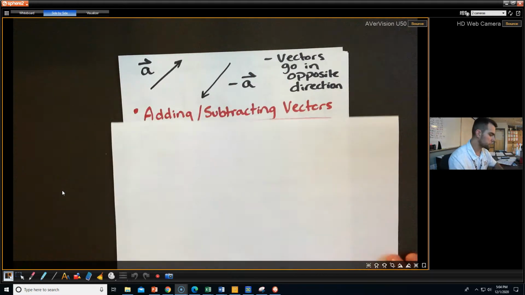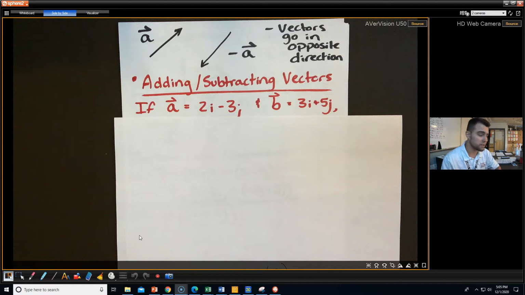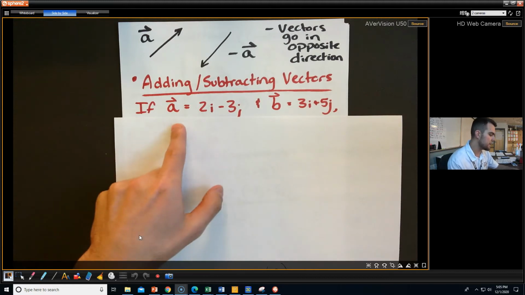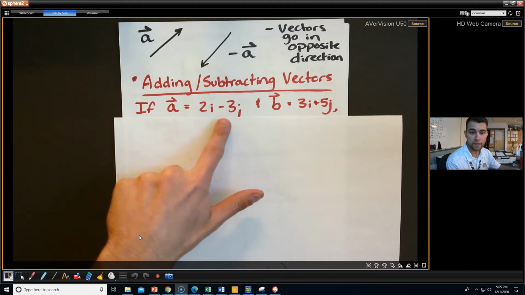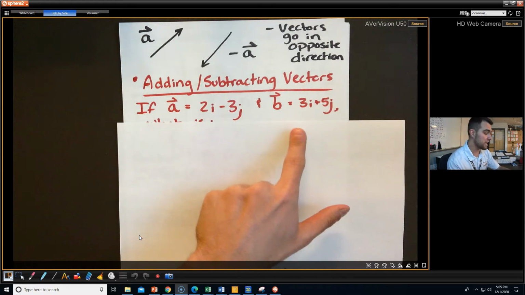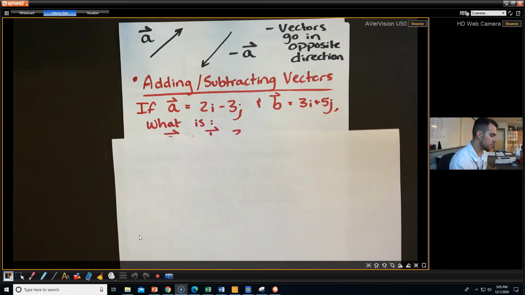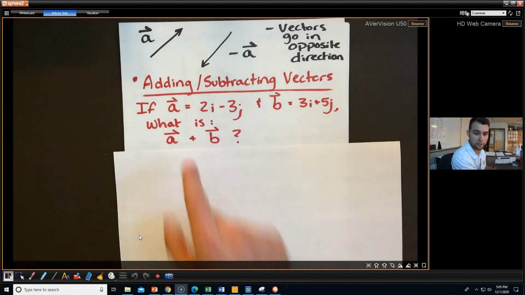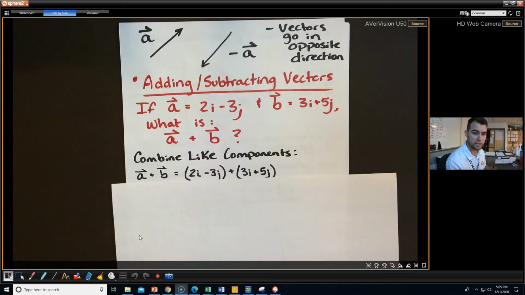Okay, so adding and subtracting vectors. Let's see how this guy works out, because you really just got to see how it works out. If I have vector A, then that's equal to 2i minus 3j, and I have vector B, who has its own set of components, then if I wanted to do vector A plus vector B, well, I just combine like terms, but I'm calling them like components.